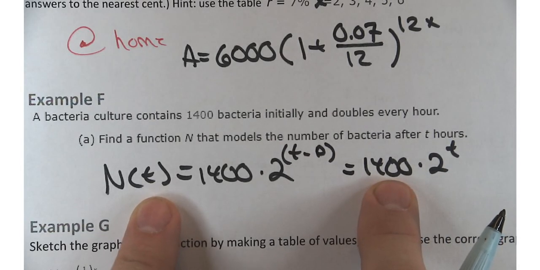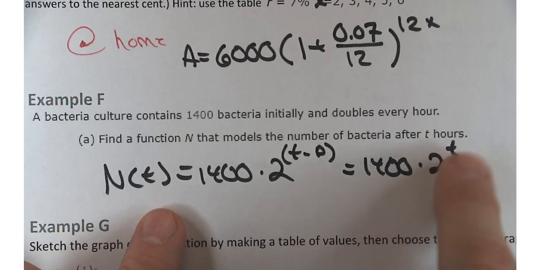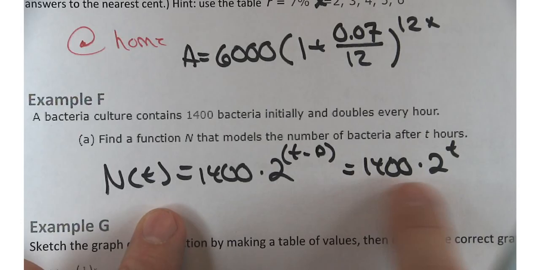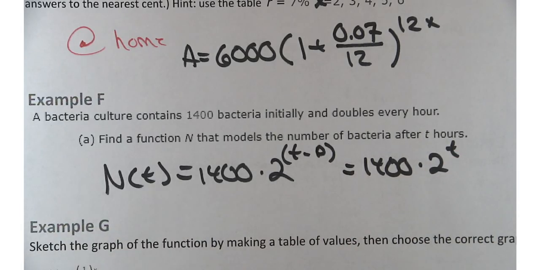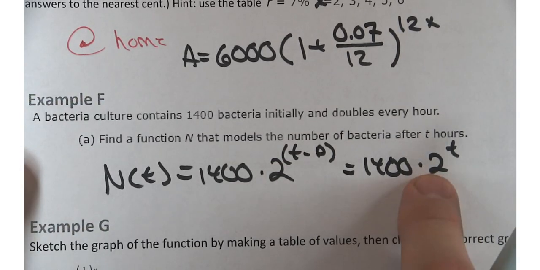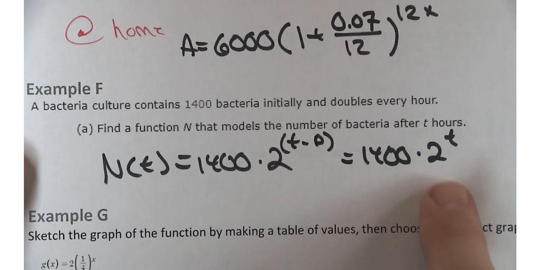At t equal 1, you're going to get 1,400 times 2 to the first power, or 2,800. And then 2 to the second power is going to be 4, and so you're going to keep on quadrupling that. That's going to be 5,600, etc. So there's the formula for how these things double, and it's an exponentially growing formula.